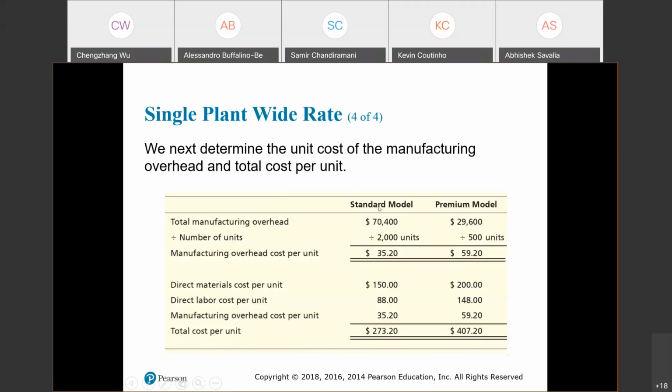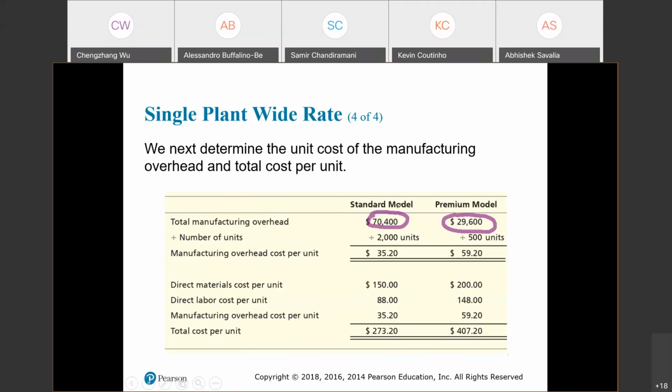Here it is. Since this is the total allocation of the overheads to each model, we have to divide it by the number of units.